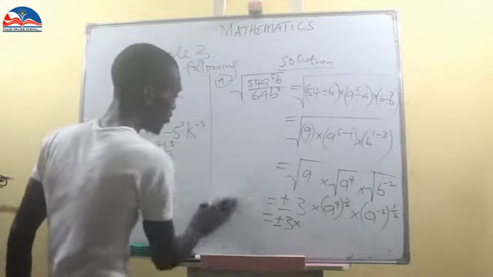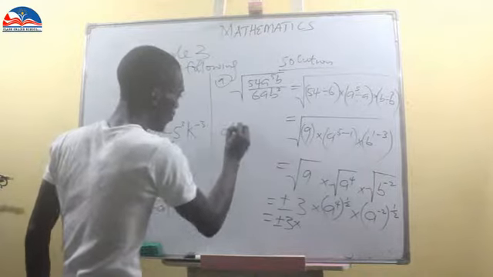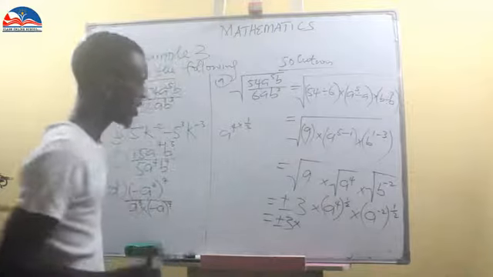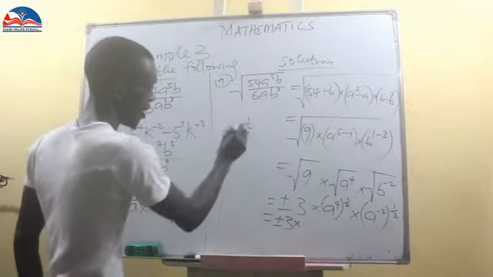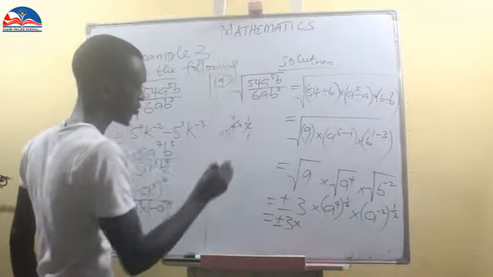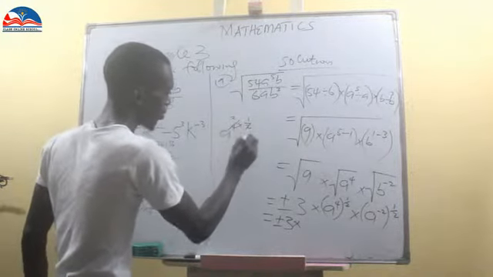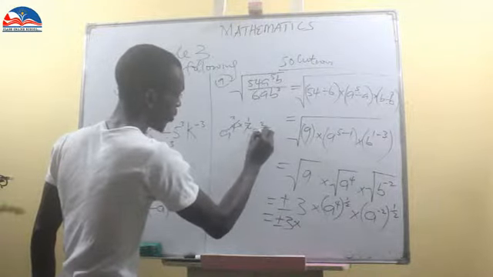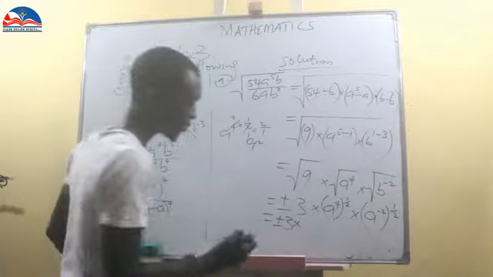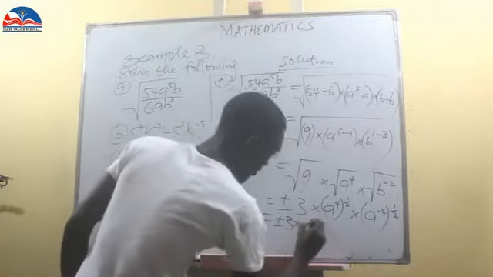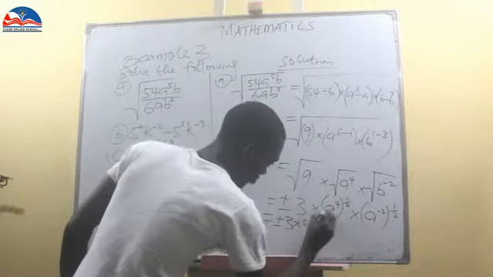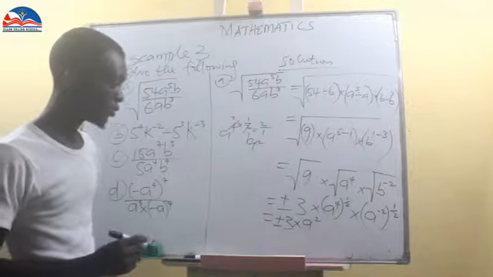So a index 4 multiplied by 1 over 2 gives 4 over 2, and 4 divided by 2 gives 2. So we want to have times a index 2.